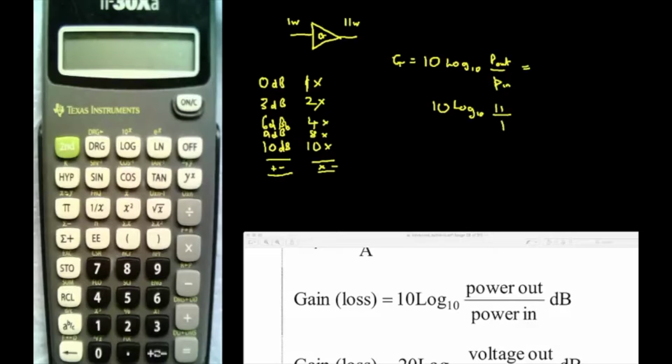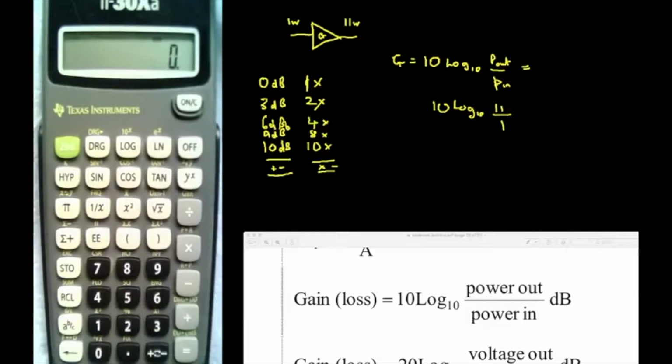Now I'm going to have a quick look and see on the calculator how I can work that out. The first thing to do is to pick the difficult part, the 11 over 1 if you like, and work that out. As it's 11 over 1, it's very easy, but I will do it through keystrokes because if there had been, for example, 2 watts in, we'd need to evaluate that first. So on and clear, 11 divided by 1 equals, and unsurprisingly, it's 11.